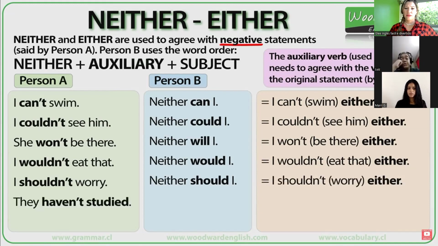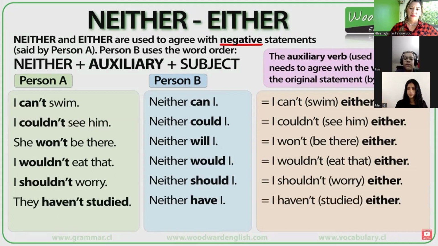They haven't studied. Here we have the present perfect tense with a negative form of have before the past participle. For our response, we need to use the auxiliary verb have. We say, neither have I, which means I haven't studied either.